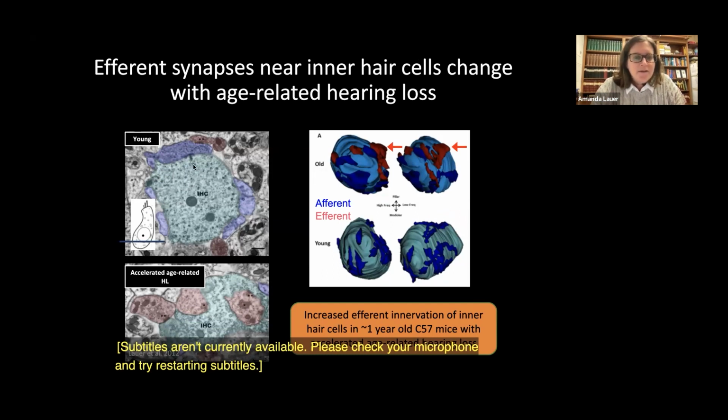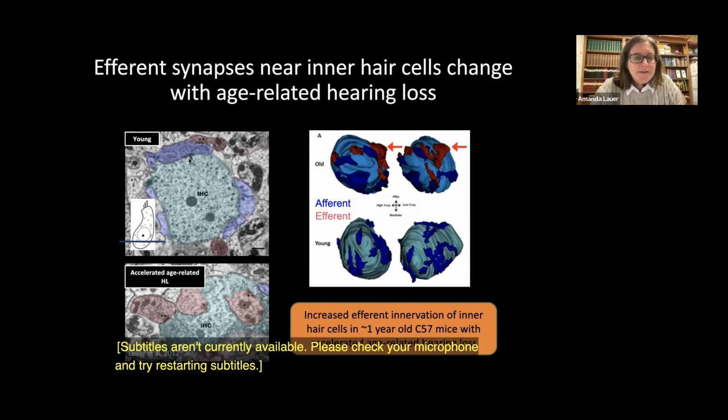And we did this project with Howard Francis and Dave Ryugo in response to some surprising observations that Howard Francis was making when he was characterizing the changes to the afferent synapses that occur before loss of the spiral ganglion cell body with age-related hearing loss.